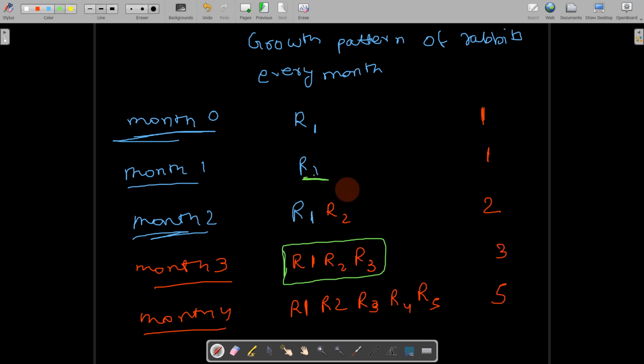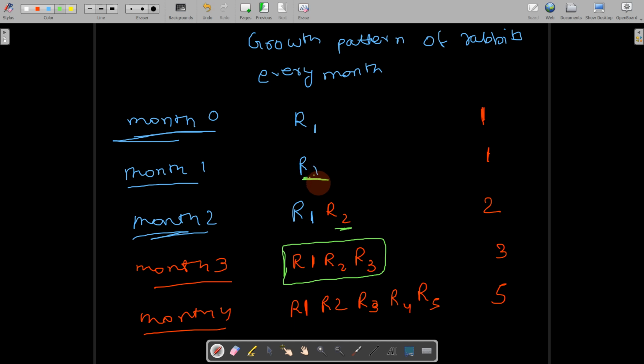But the couples who were present only 1 month before will not reproduce, so they will be added only once. So again, here only R1 was present 2 months before this month 3, so R1 will be reproducing, and the R1 pair will be added twice.